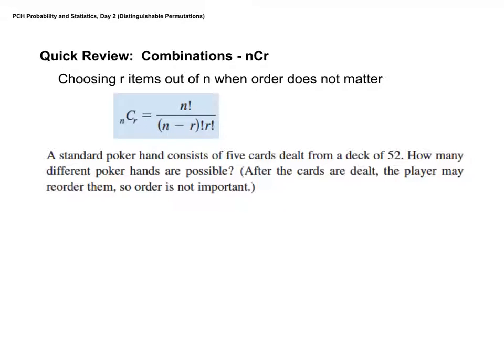How many different poker hands are possible? Now notice here, after the cards are dealt, the player can reorder them. So the order that they actually get them does not matter. So we're dealing with a combination. Order doesn't matter. Figure this one out on your own.